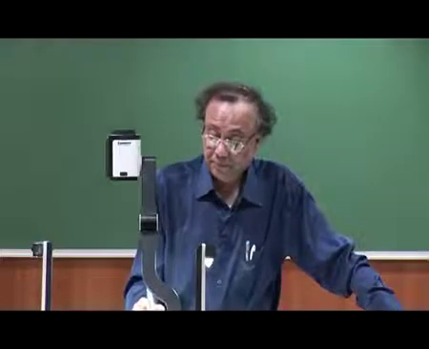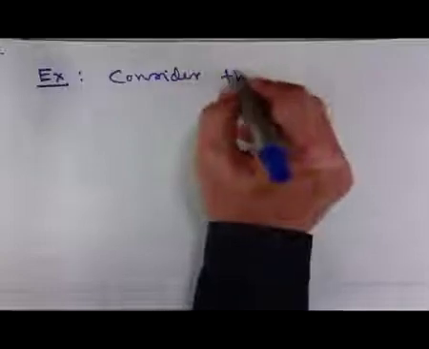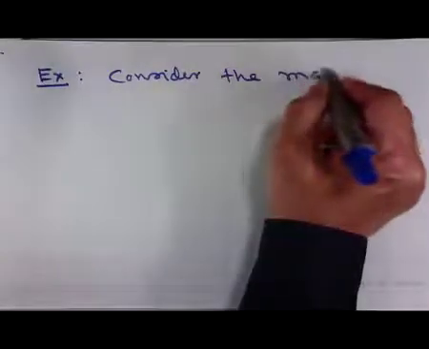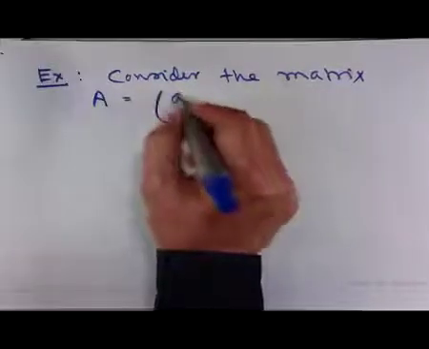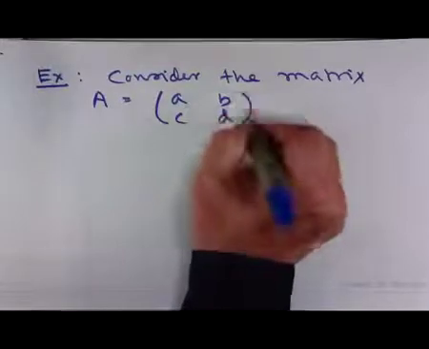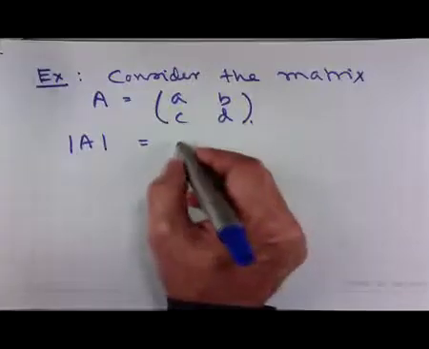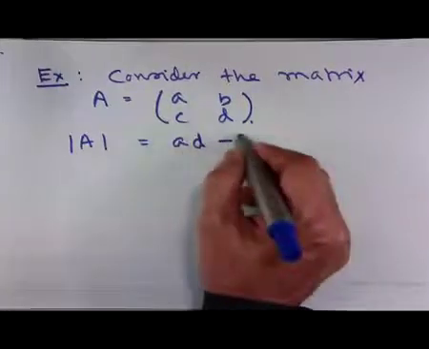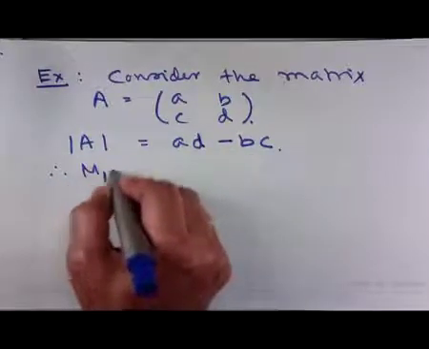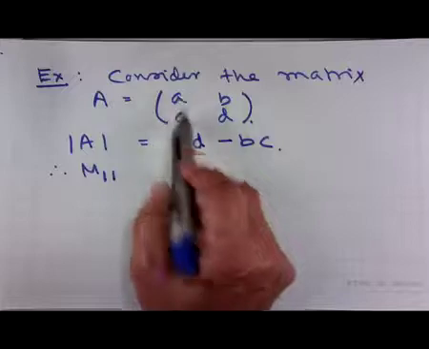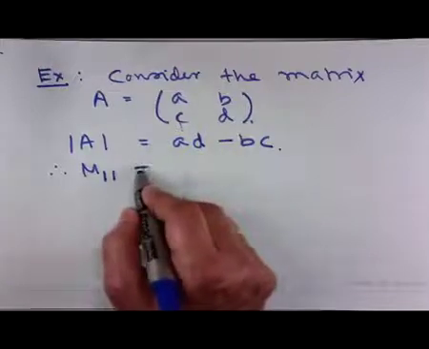Example, consider the matrix A is equal to [a, b; c, d]. Therefore, determinant of A is equal to ad minus bc. Therefore, M11, the minor for this a, is the determinant of the submatrix after deleting the first row and first column, is equal to d.